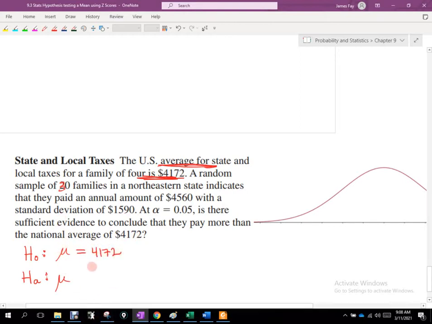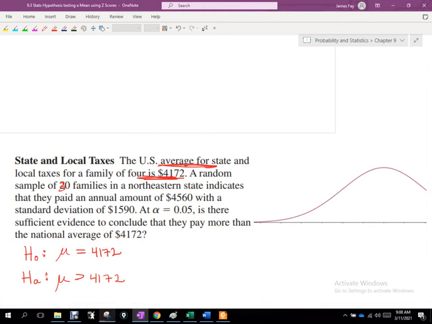Now, as we read this, it says a random sample of 30 families in a northeastern state indicates that they paid an annual amount of $45.60 with a standard deviation of 1590. It says at alpha equaling 0.05, is there sufficient evidence to conclude that they pay more than the national average of 41.72? So if they pay more, then we'd be looking at this, correct?